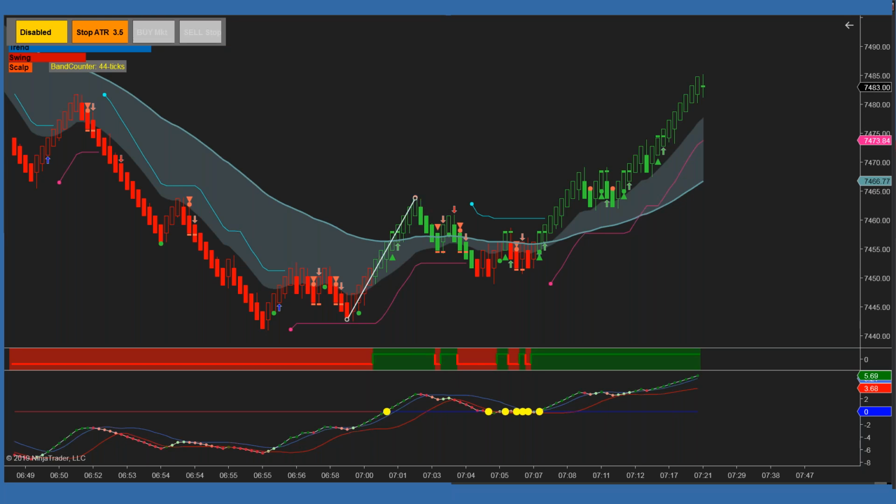Well, that's definitely move one because we broke that resistance zone. This now definitely move two and maybe move three. So maybe that's it for this leg.